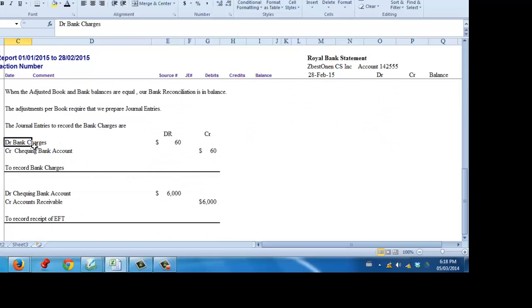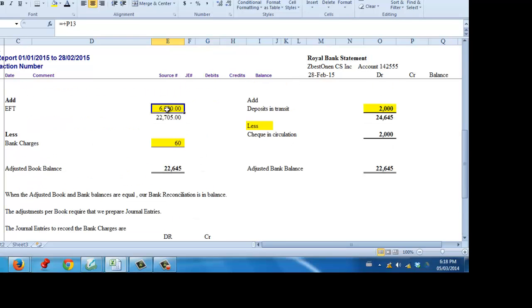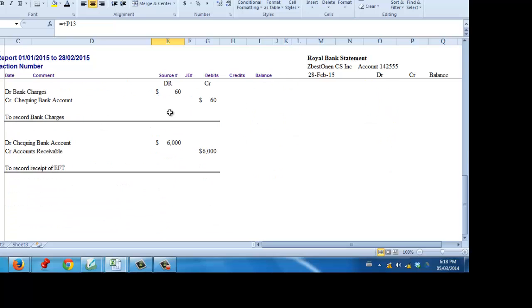We debit bank charges, which is an expense, for $60, and we credit our checking account for $60. The money has already gone out. The electronic fund transfer, one of our customers paid the bank directly. We need to account for that and reduce the customer's accounts receivable balance. Therefore, the adjusting entry is debit our checking, and we credit our accounts receivable for $6,000.